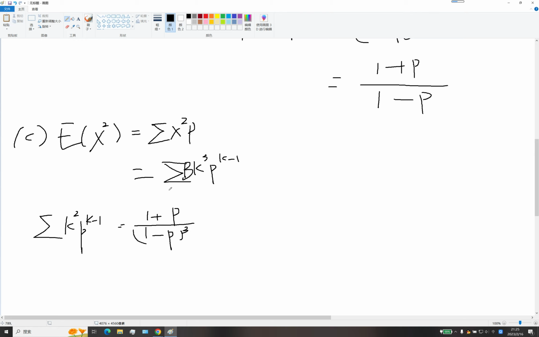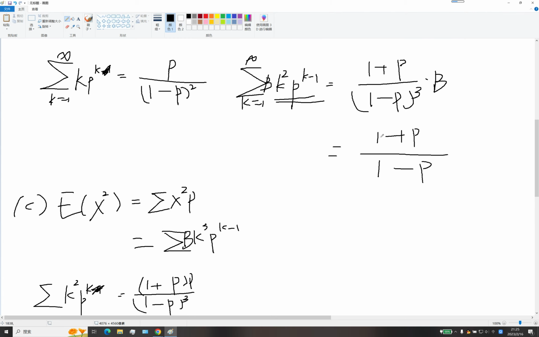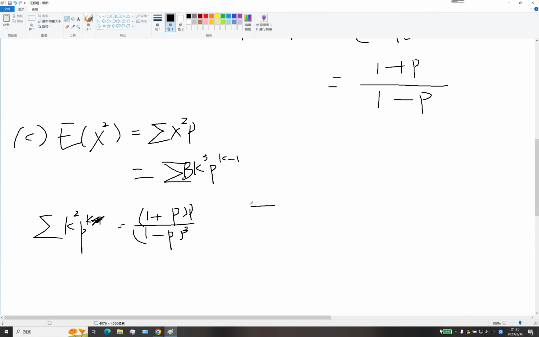and we do the same, we just multiply p on both sides, so this is no longer k minus 1, this is multiplied by p, and we do the same differential on each side, and the right side is this.